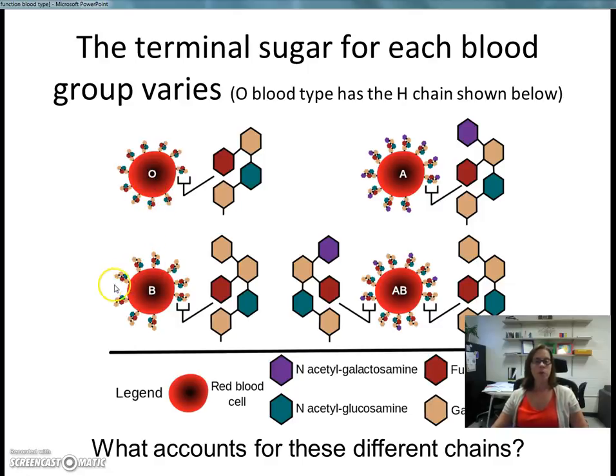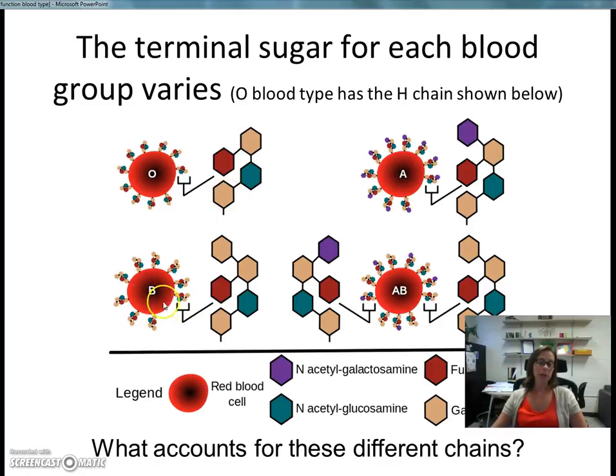So for ABO blood types, remember you're going to inherit one copy of your blood type from your biological mother and one type from your biological father. So you'll have two copies of these genes. One copy may be an O blood type. So O blood type has a sugar modification on membrane proteins that is just this H chain shown here of 4 sugars.